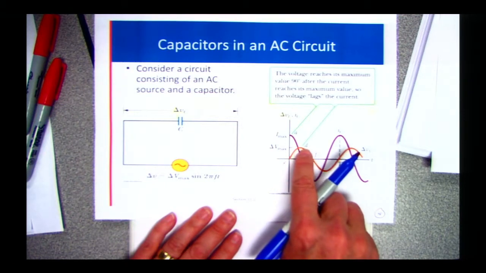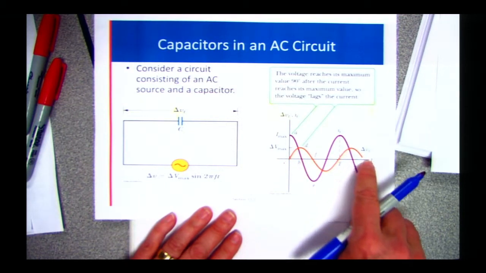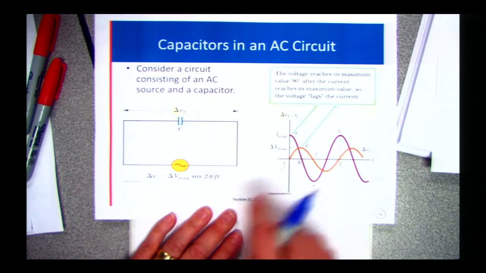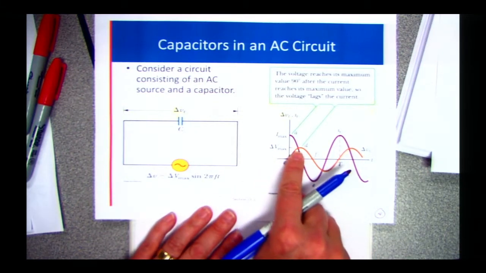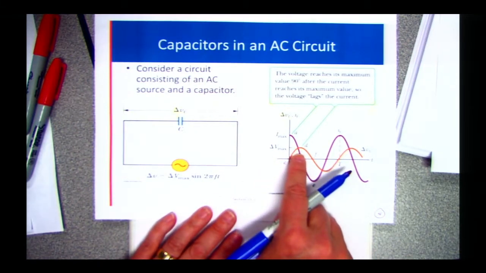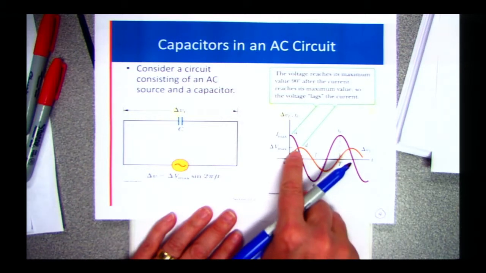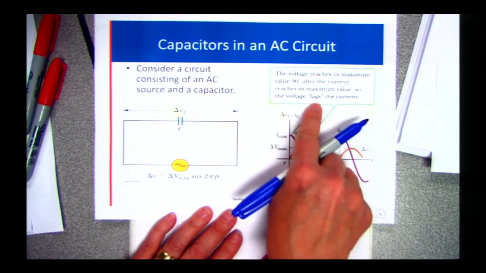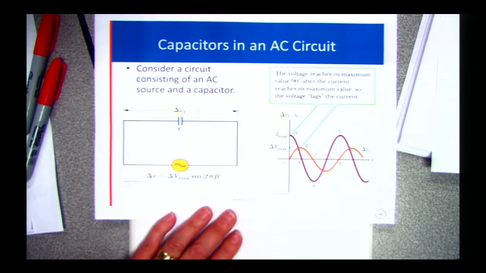The voltage takes a little time to catch up. And it turns out that we're 90 degrees out of phase with my current. And my capacitor turns out to lag the current. It's said to lag the current.